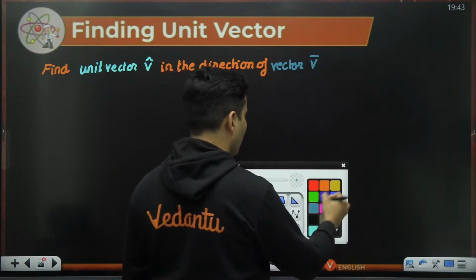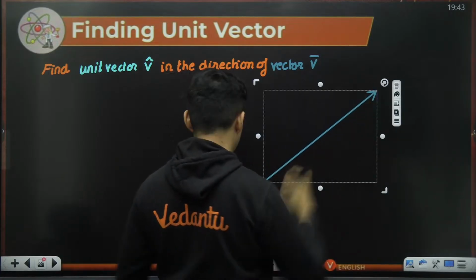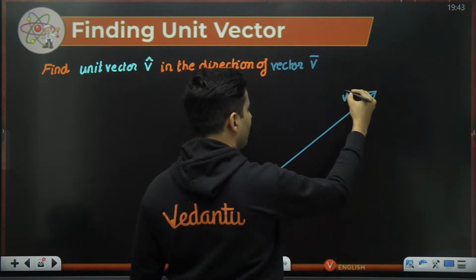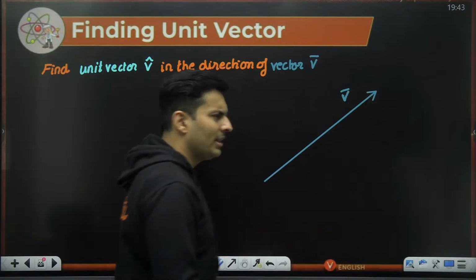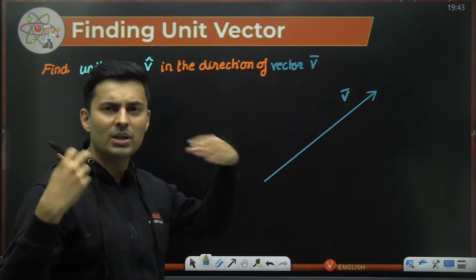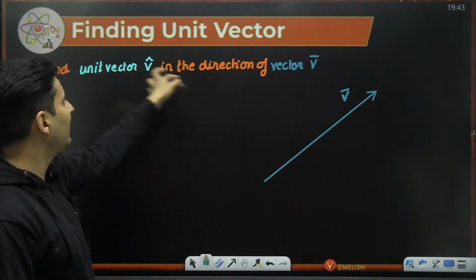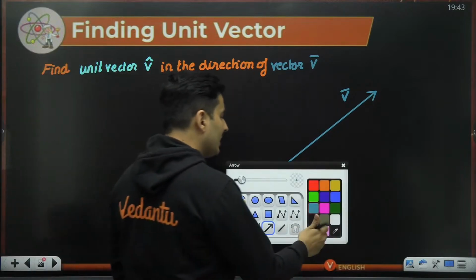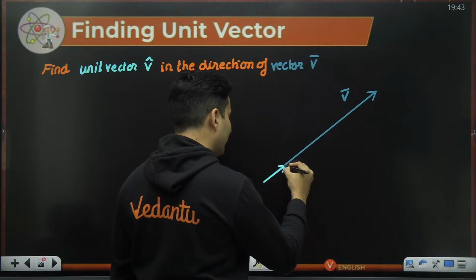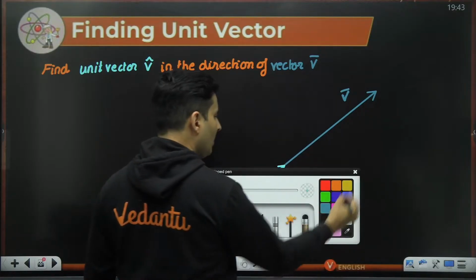Let's understand. I have a vector like this, which I call v bar. It is not a unit vector, it is some length, maybe 5 units, 100 units, 70 units, whatever. A unit vector in the direction of v bar means in the same direction, but the magnitude should be 1.